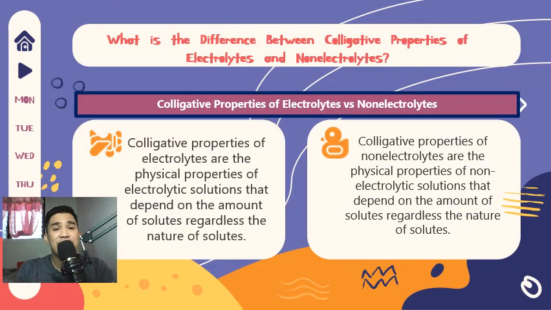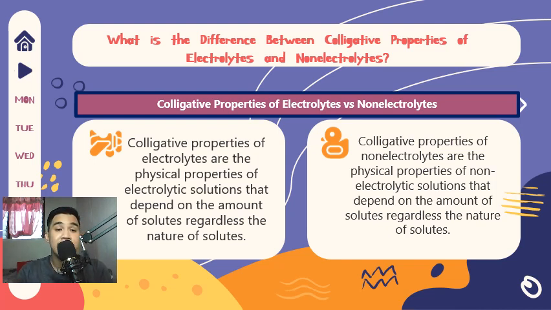So what is the difference between colligative properties of electrolytes and non-electrolytes? Actually, both these types, electrolytes and non-electrolytes, have colligative properties. But let us try to differentiate the two. Colligative properties of electrolytes versus non-electrolytes.